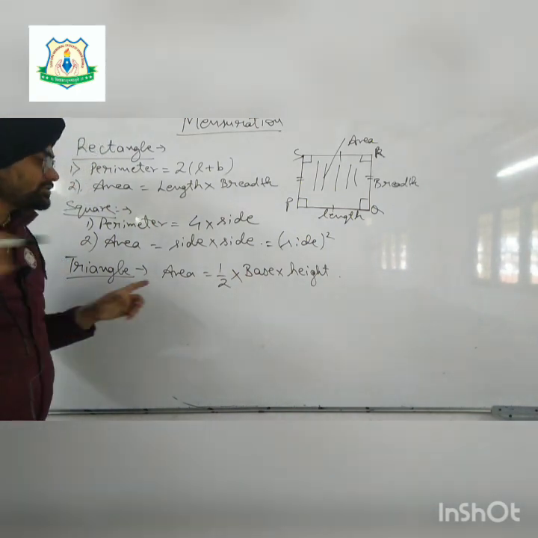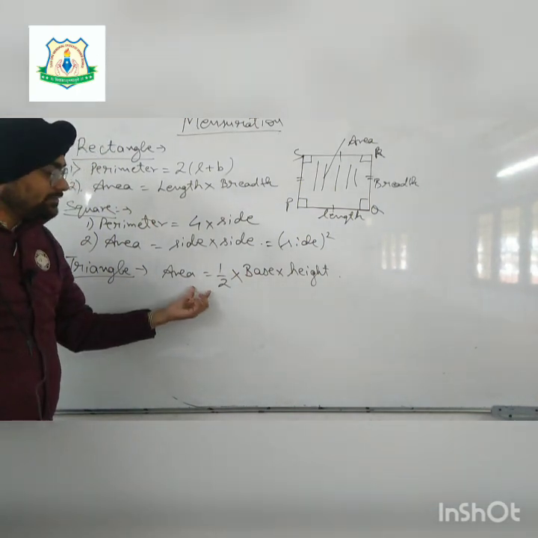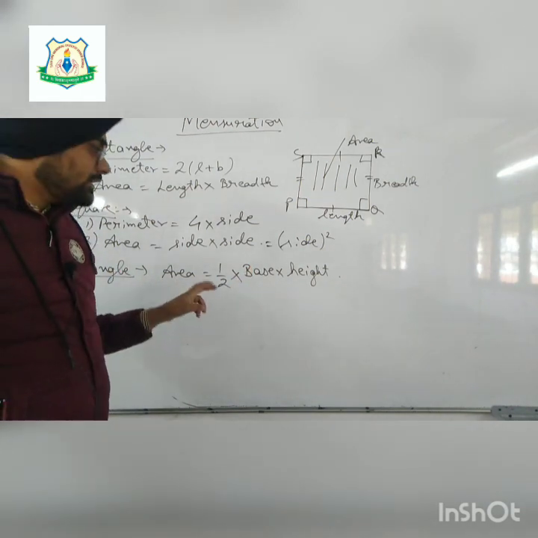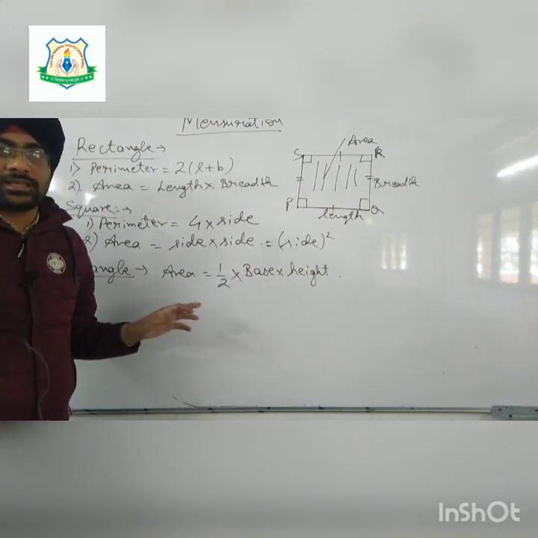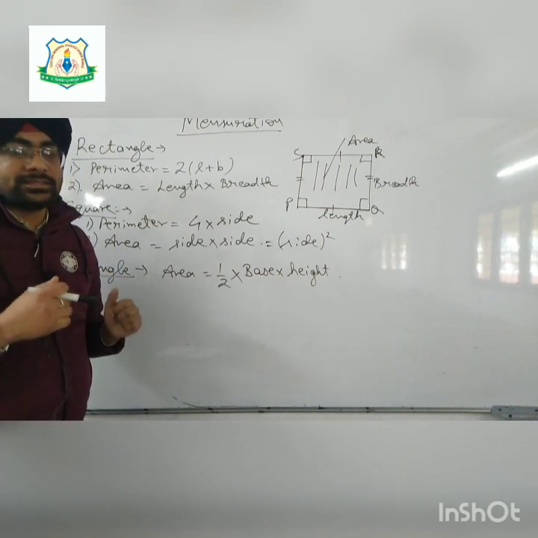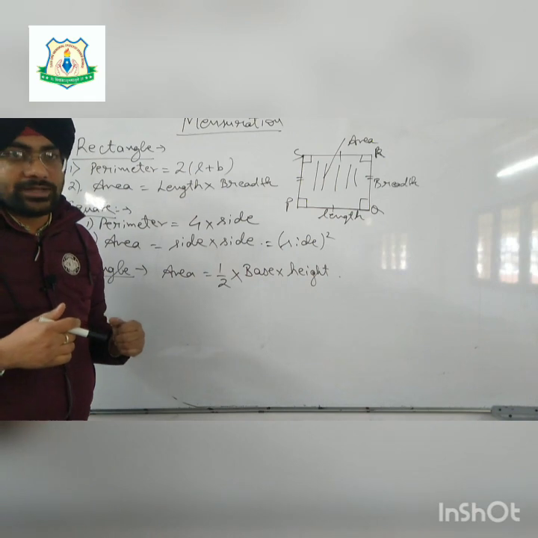When we come to the case of a triangle, the formula is half into base into height. But remember one thing, this formula is applicable in the case of a right angle triangle. When you have a scalene triangle, this formula is not applicable.